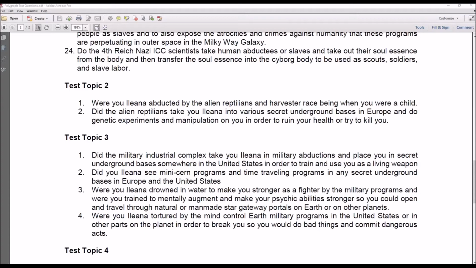So I would be able to do advanced stuff telekinetically, psychically, to be used as a weapon, to literally do bad things and commit crimes and get away with it. That's what the torture was about, to reprogram my brain to successfully be a living weapon.